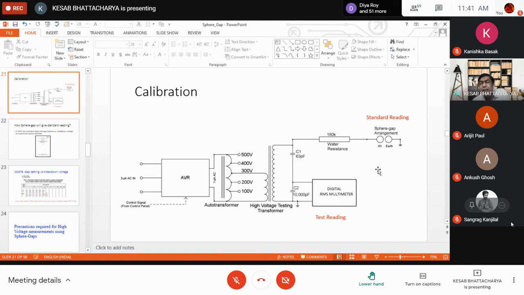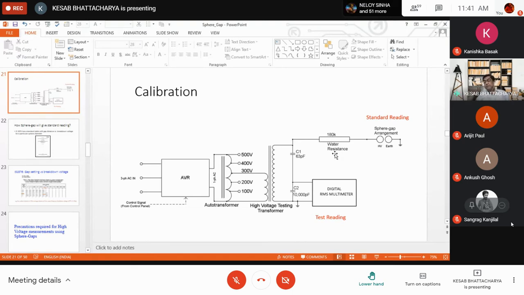There is a transient phenomenon where it has been found that high frequency oscillations develop in the system, and they superimpose with the normal power frequency voltages and make the voltage of the system even higher.